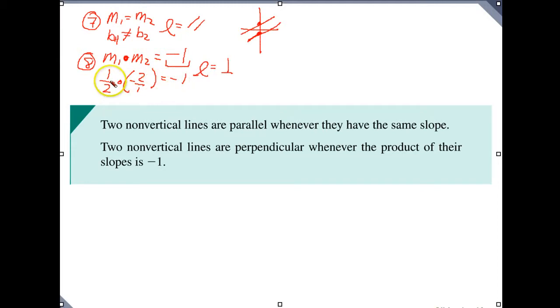If this was the slope of the first equation and the slope of the second equation, these lines are perpendicular. And it would look like this. Let's say this is the first line, and then this is the second line. And where they meet, they form a right angle. So the slope of one line is what we say is the negative reciprocal of the other.